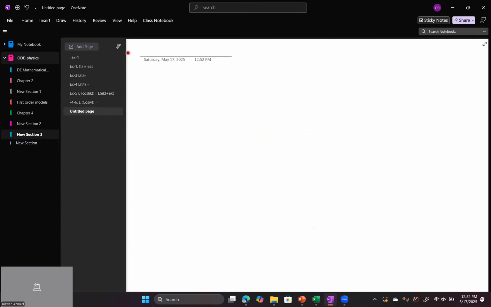So example, my numbering goes to 7. So example of a discontinuous function.